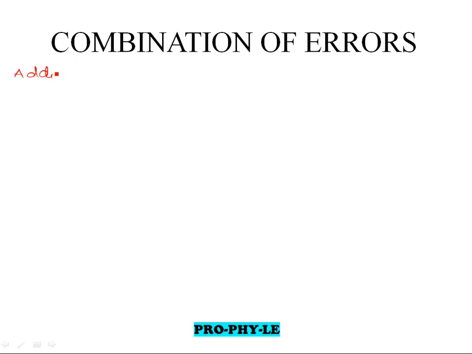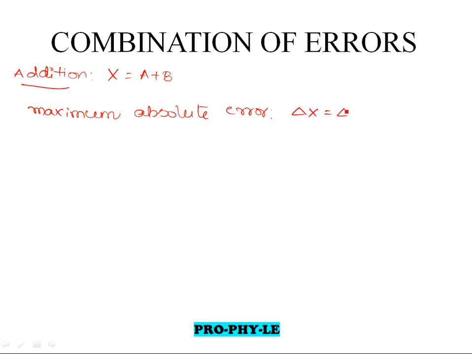Suppose there is a physical quantity x that is obtained due to addition of two physical quantities A and B, then the maximum absolute error in measuring x will be delta x, that will be equal to delta A plus delta B, where delta A is the absolute error in measuring A and delta B is the absolute error in measuring B, so that I can find the maximum absolute error in measuring x.